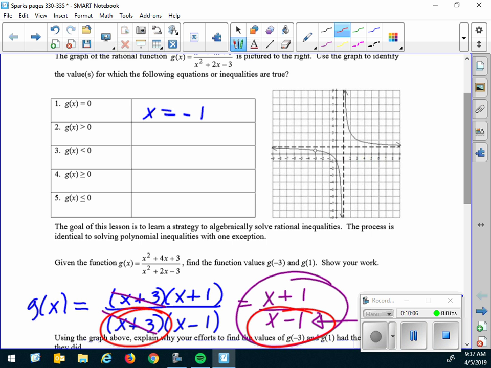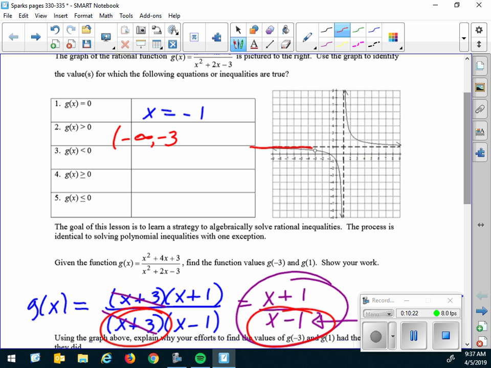From negative infinity to where? Wrong. It stops right there, doesn't it? That graph's undefined right there. So negative infinity to negative 3.